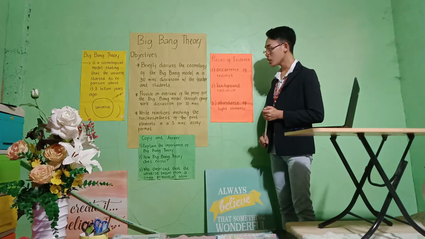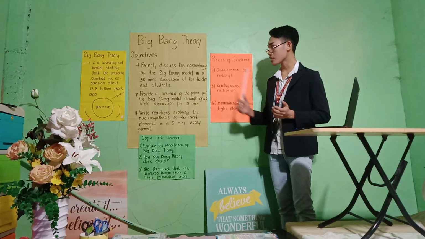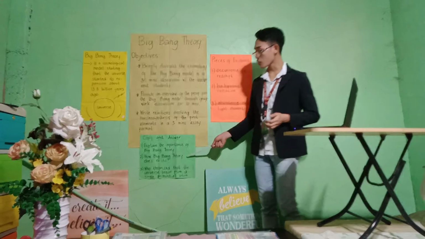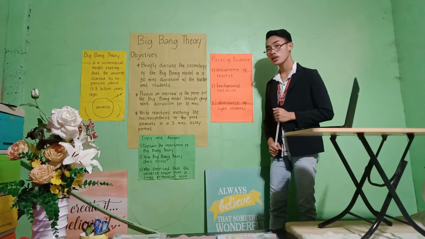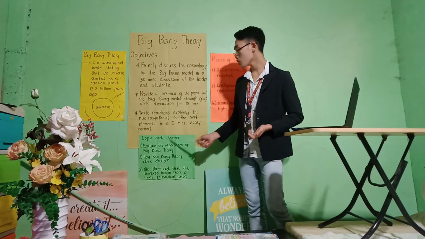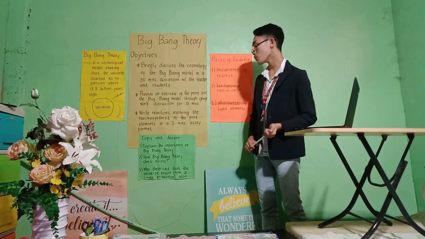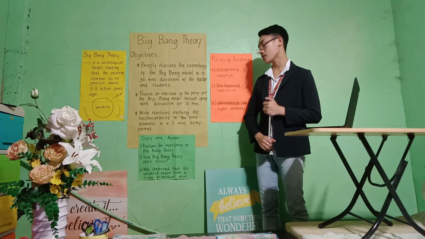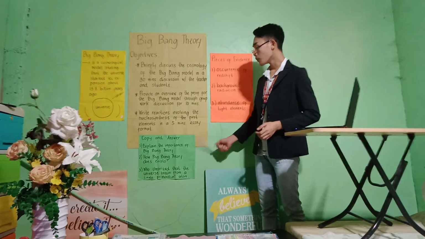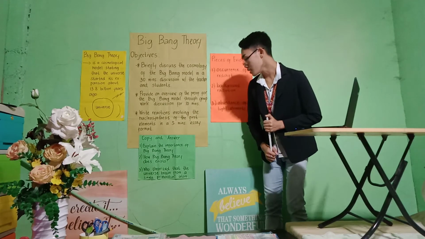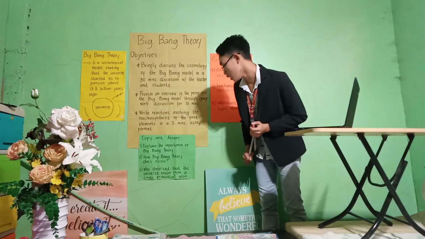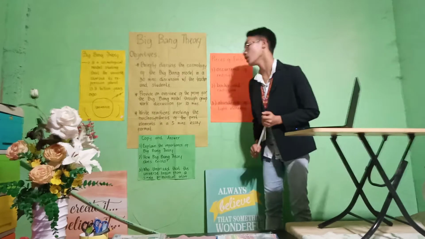Since we are already done discussing the Big Bang Theory, can you please copy and answer the three questions? The first question: explain the importance of the Big Bang Theory. Second, how does the Big Bang Theory exist? Third, who theorized that the universe began from a single primordial atom?